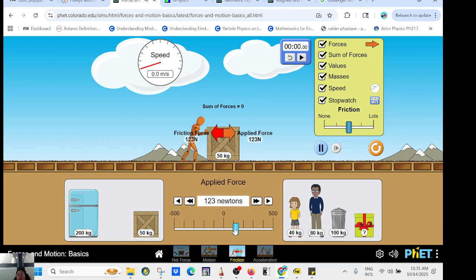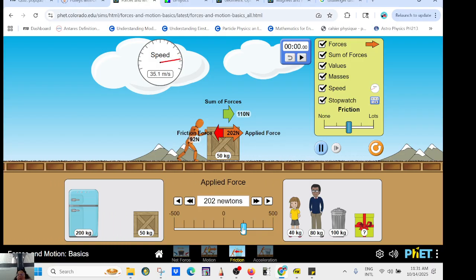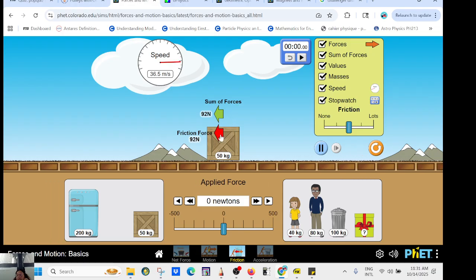You push harder, static friction is still matching you, not going anywhere. You have to overcome static friction. And now you have kinetic friction. Kinetic friction does not change, stays the same. The applied force minus the friction will be equal to the net force, and that will give you your acceleration. You see the speed is increasing at a constant rate. And then you have only kinetic friction applied, so it's going to slow down.